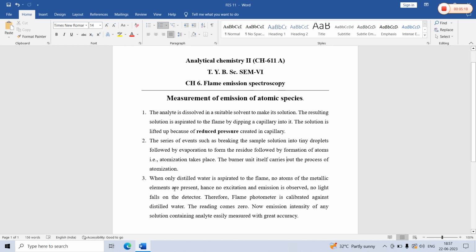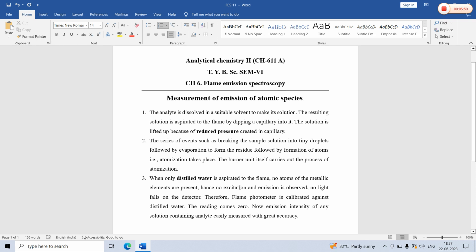Now we will focus on the third point. When only distilled water is aspirated to the flame, no atoms of the metallic elements are present. This third point is very important, because it elaborates how the emitted intensity of atomic species is measured. Distilled water is nothing but the solvent used in flame photometry.